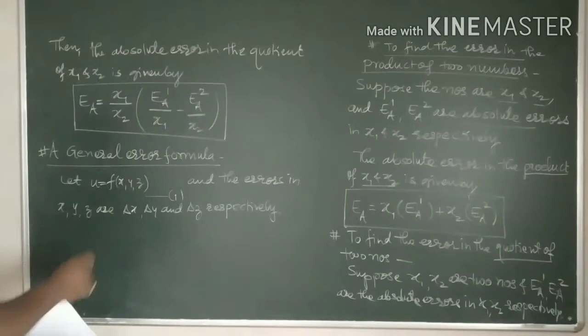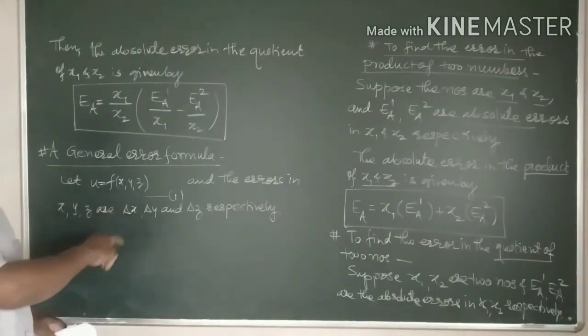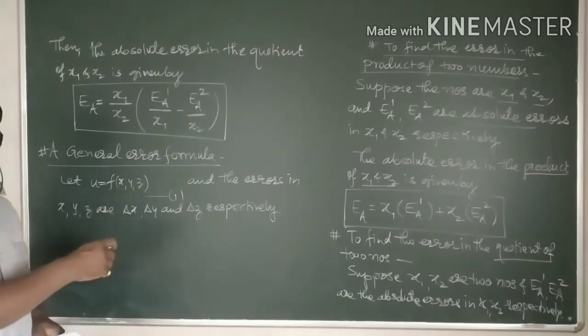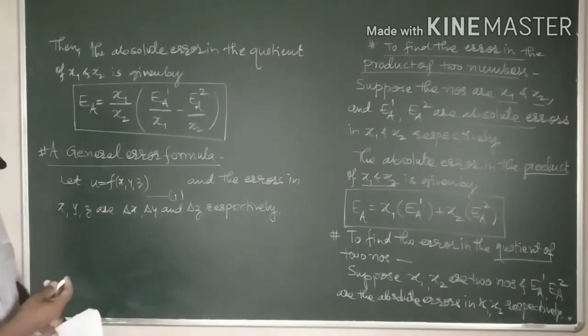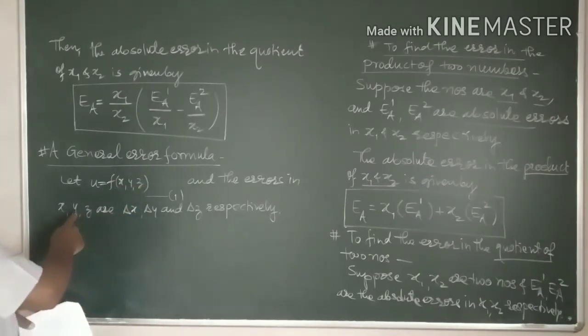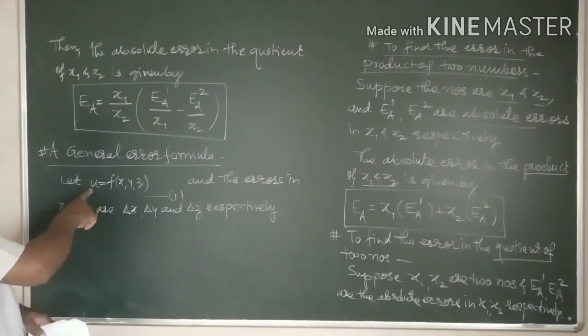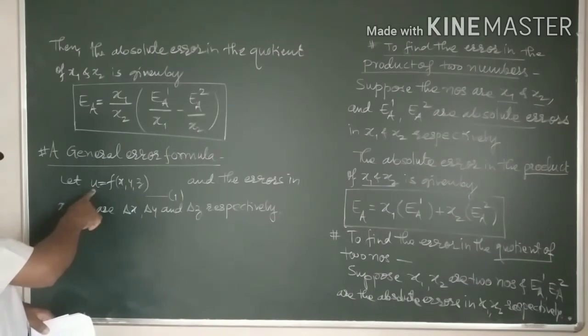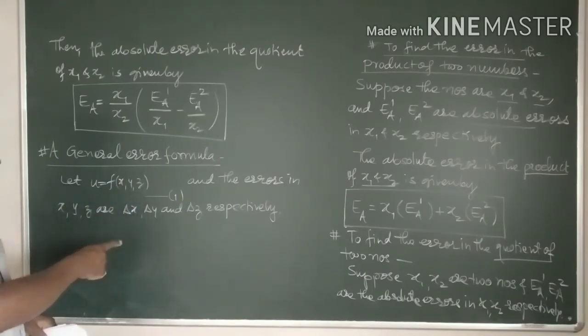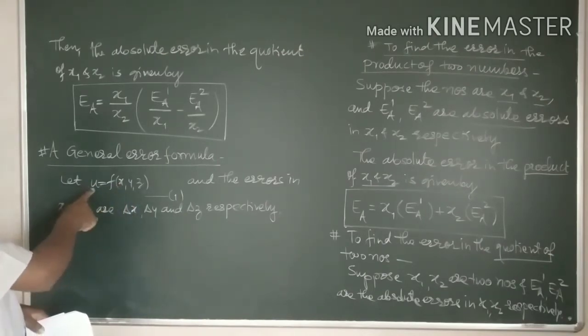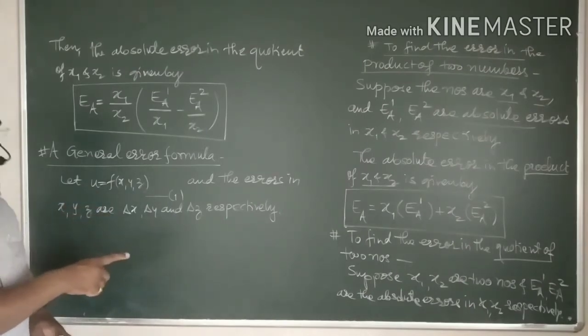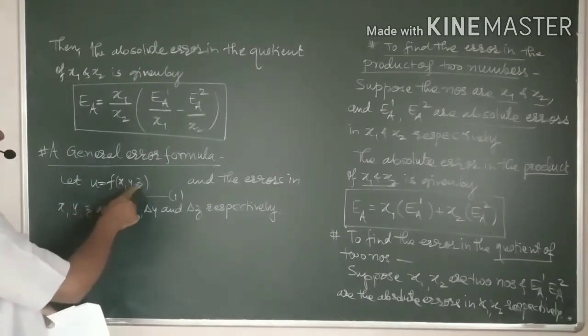Whatever, u is equal to f of x, y, z be a function. I mean, u is a function of three variables x, y, z, or you may call x, y, z as one argument. Therefore, to find out the error in u, as u is dependent on x, y, z, you have to consider the errors in x, y, and z.